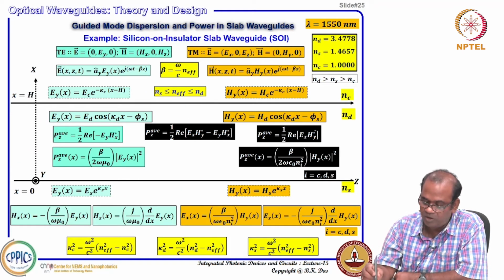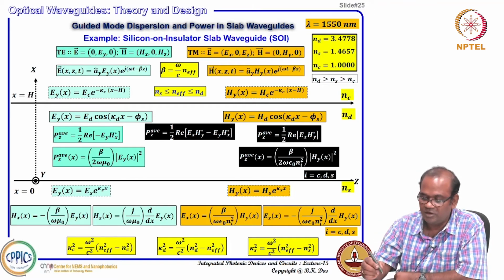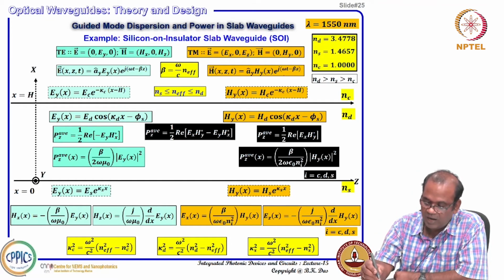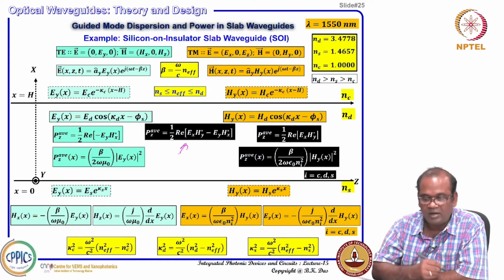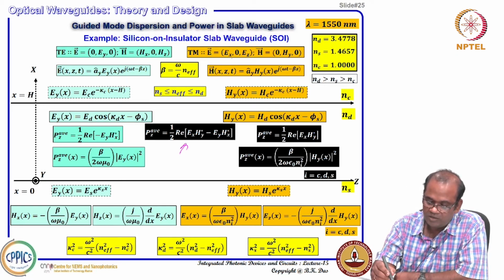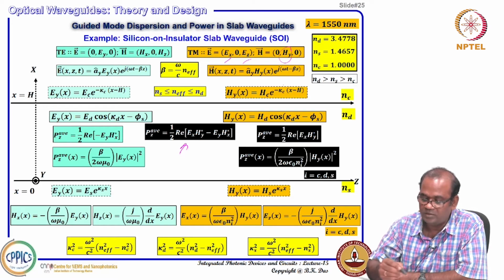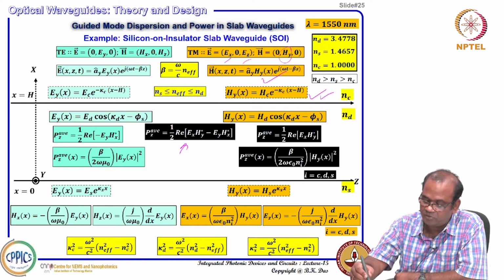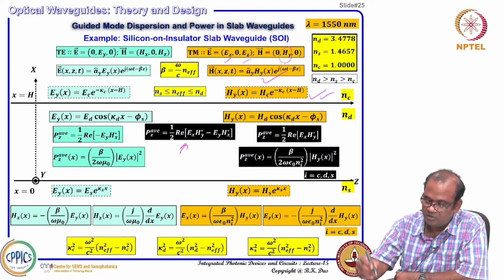Now, a similar thing for TM polarization. For TM polarization, this is the actual energy flow coming from the Poynting vector, where we have E x, E z, and you know the value of H y, the expression you have solved: H y of x in the top cladding, in the core region, and in the bottom cladding region.